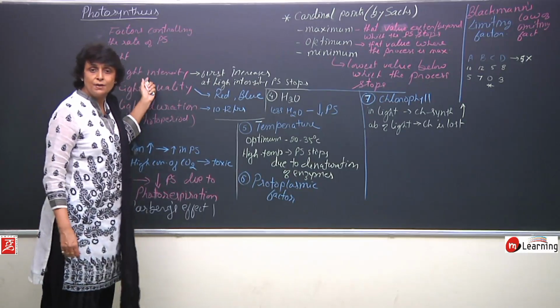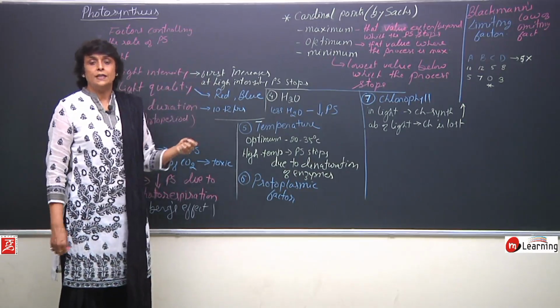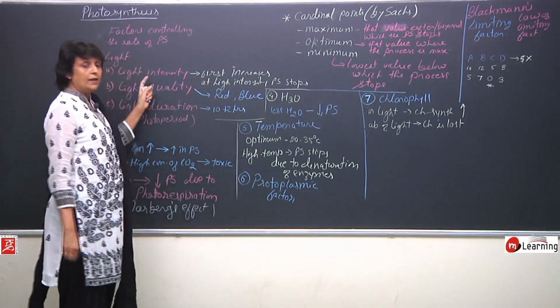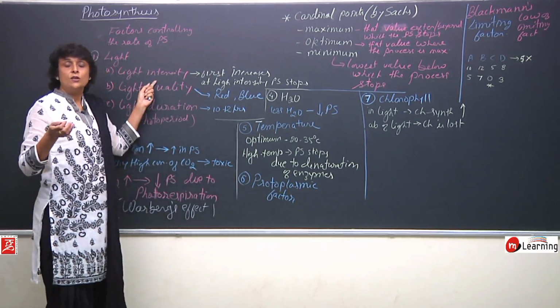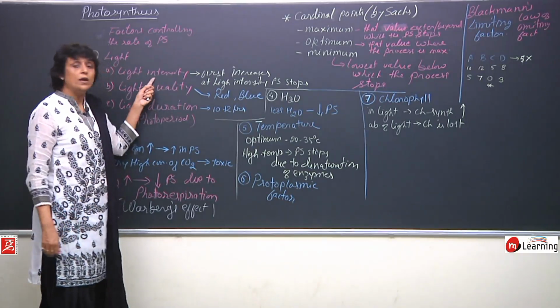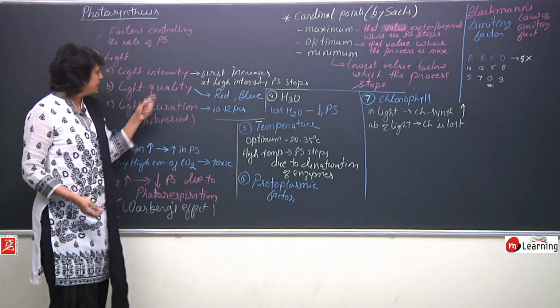Light can act as a limiting factor, but normally light is not a limiting factor. It can act when either the plants are growing in a thick forest where the penetrating light is very less, or the plants which are growing in shady areas.